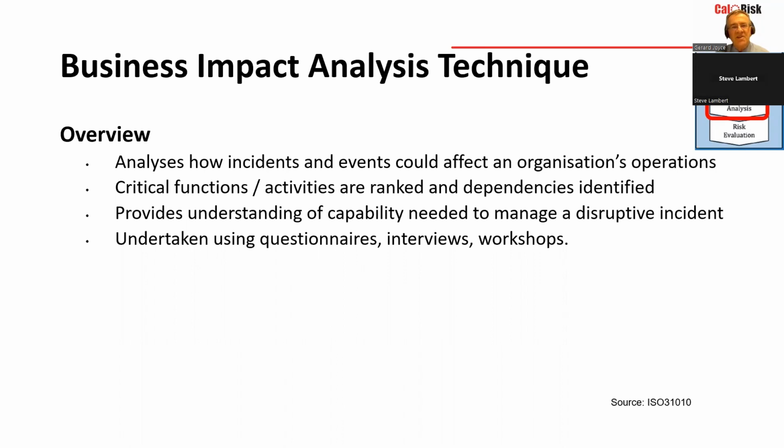It's useful for identifying, I suppose, critical functions and the dependencies on those, because maybe you need the internet and a server to be up and running to be able to deliver a particular process. It'll certainly give you an understanding as to your capability for managing a disruptive incident, because it'll raise all sorts of questions.